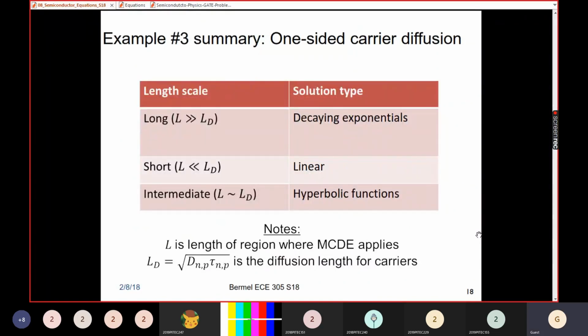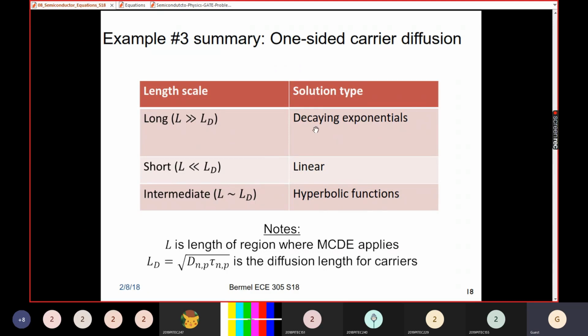Now let us see what happens to minority carrier diffusion. You can see there the length scale, how much the scale length will be, within how much short duration the solution can be obtained, and what the intermediate rate is. If any intermediate rate is there, then what type of solution can be obtained is represented here. The length will be long, where the diffusion length is always lesser than the actual length.